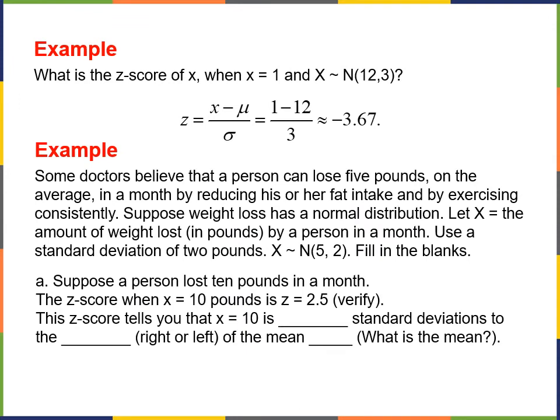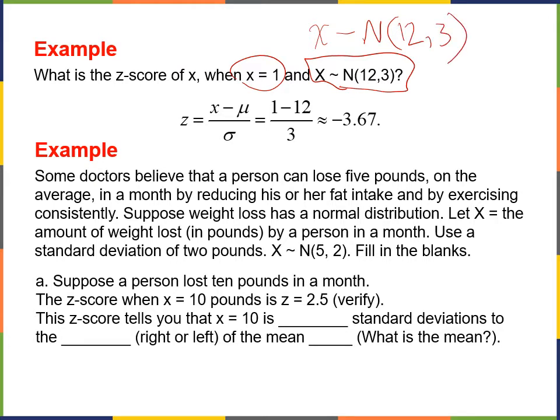So a quick review of z-scores, right? If we look at the z-score for a given x value when x is 1, this notation right here is a standard notation for telling you you're dealing with a normal distribution. So your random variable x is described by a normal distribution, hence the N, where the mean is 12 and the standard deviation is 3.